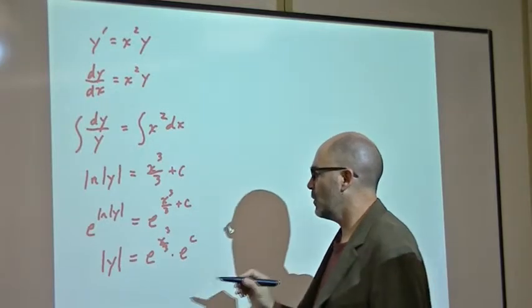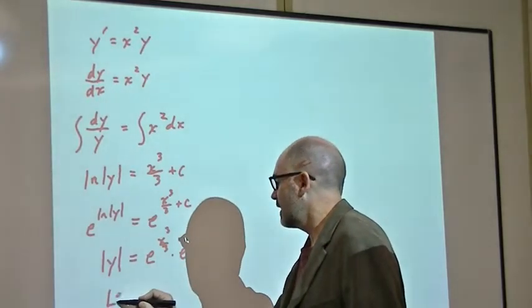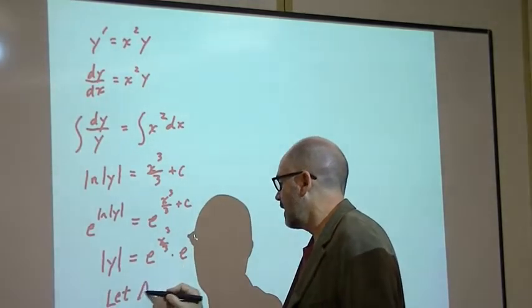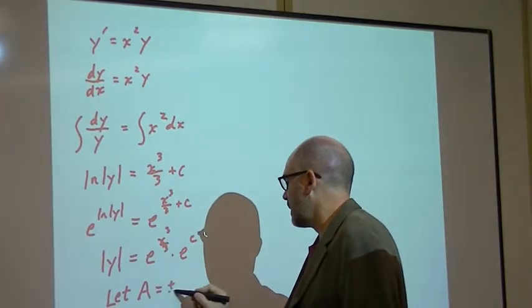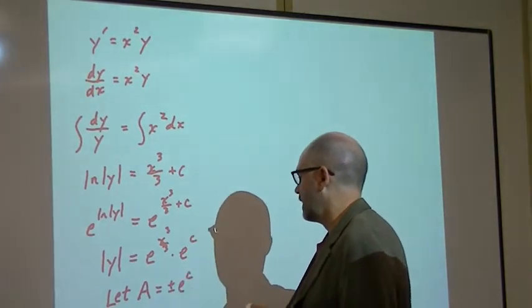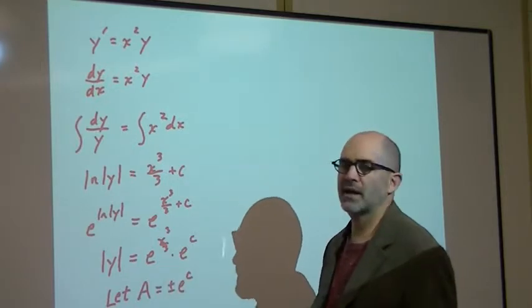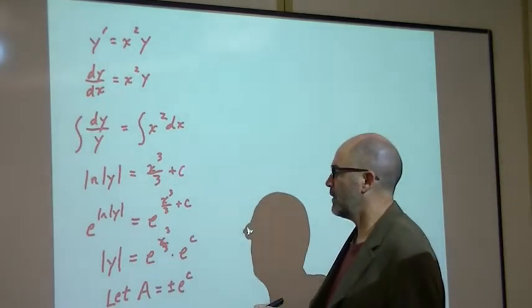So what I'm going to do is I'm going to say let a equal plus or minus e to the c. Plus or minus allows me to get rid of the absolute value.